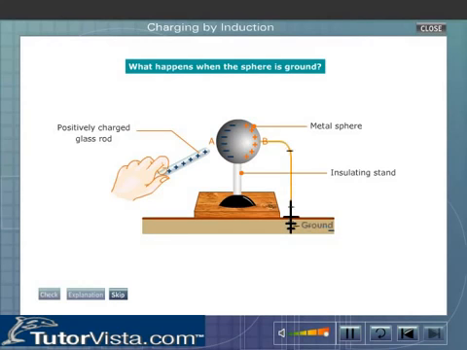If we ground the sphere, electrons flow from the earth into the metal sphere and neutralize the positive charges.